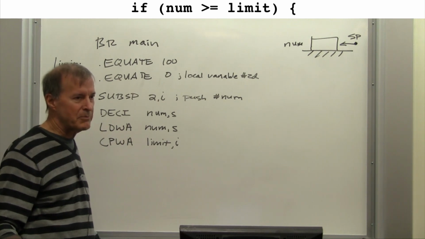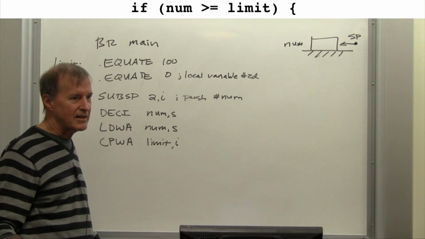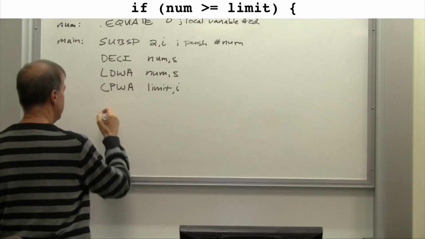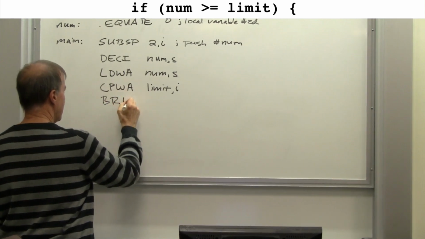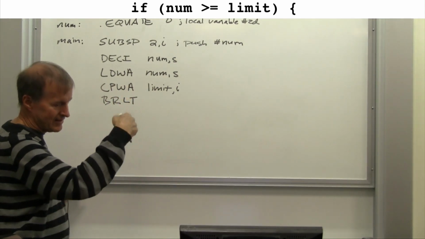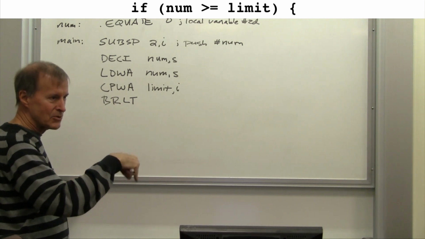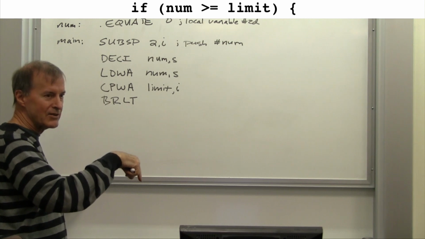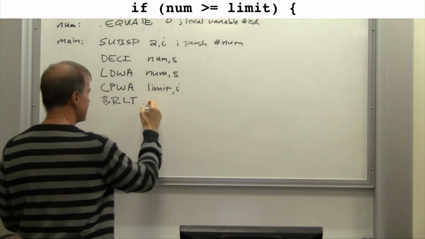Yes, so it would be BRLT. And to where? Somewhere down below, so we'll write a new label, or symbol, down there named else.